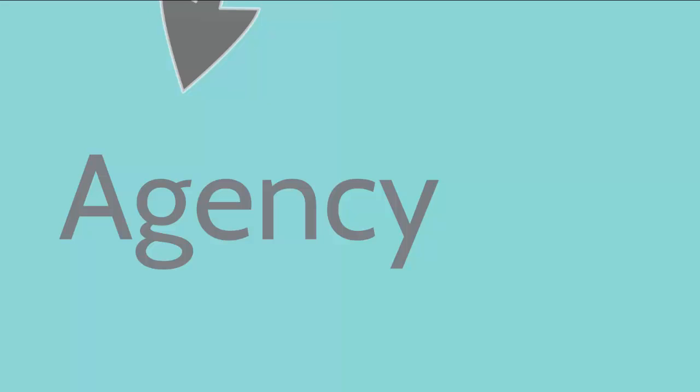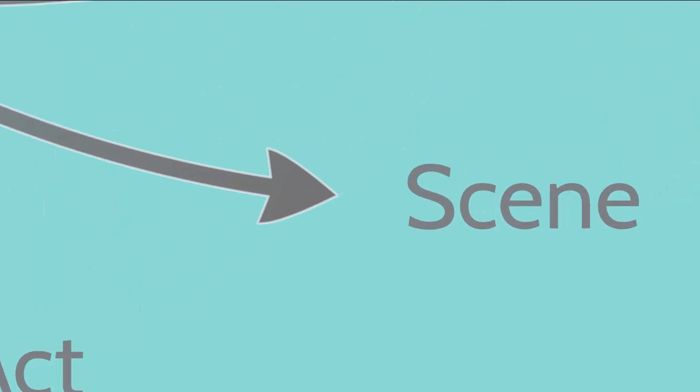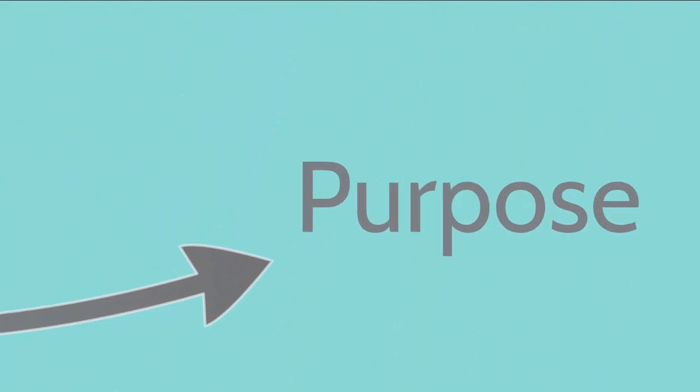A computer is the agency by which we watch this video. The act is the action that occurs and answers the question, what happened? The scene tells us when and where an action took place. And finally, purpose asks why an agent behaved the way it did.